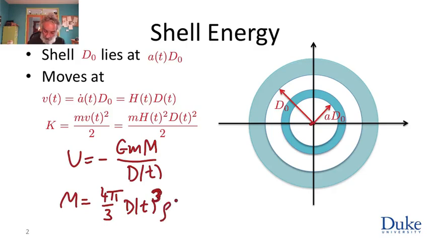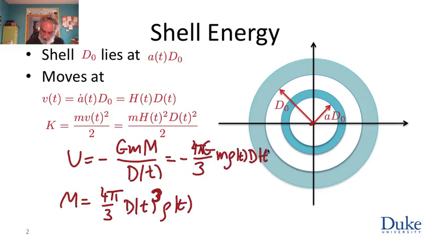And of course, since rho goes like a of t to the minus 3, and d of t goes like a of t, we agree that M is time independent, but it's in this form that I want to plug it into here and see that I get minus 4 pi G over 3 times m. And then m brings a d of t cubed. I see a rho of t times d of t squared. This is the expression that I want to use for the potential energy.